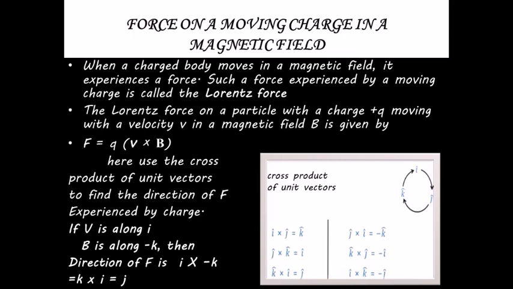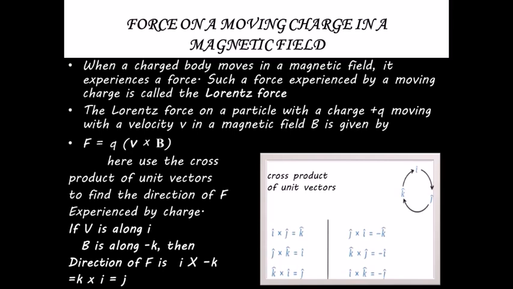If I rotate from j to k, in the direction of rotation I am left with i cap. So j cross k is i cap. And if I rotate from k cap to i cap, then in the direction of the circle I am left with j cap. So k cross i is j cap.